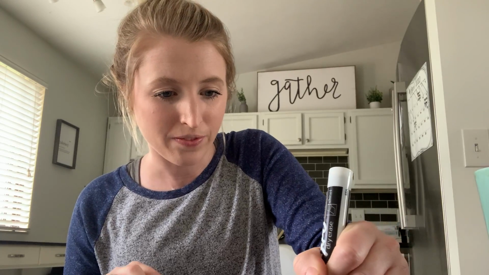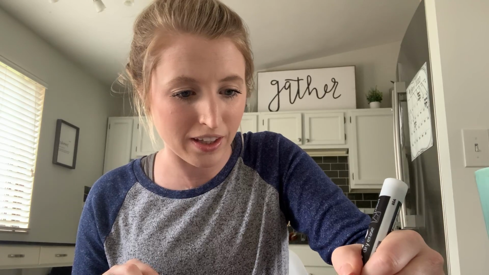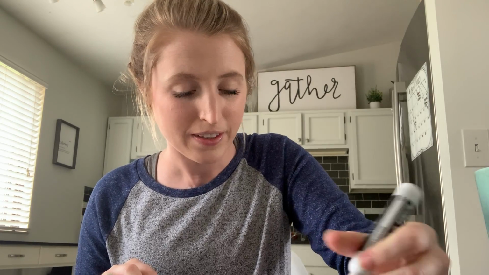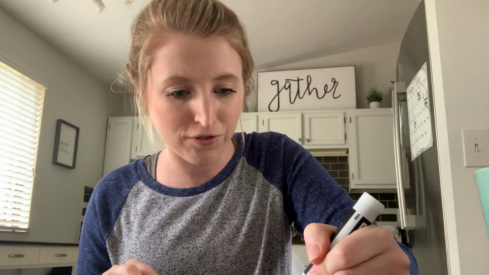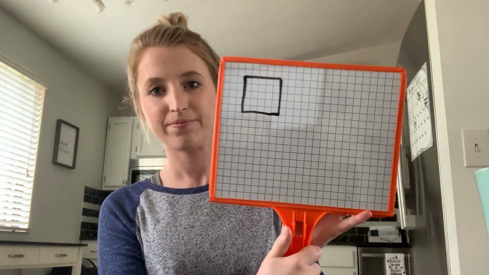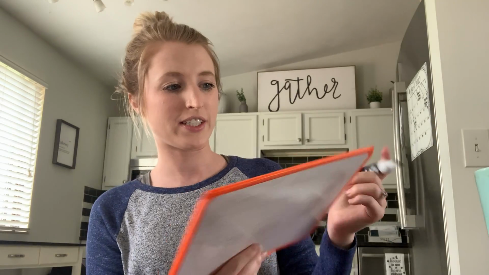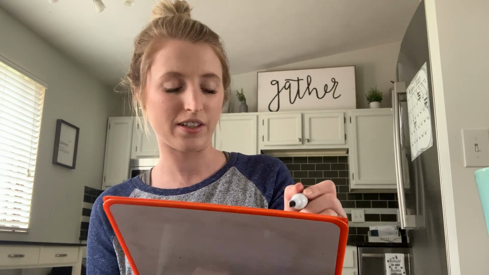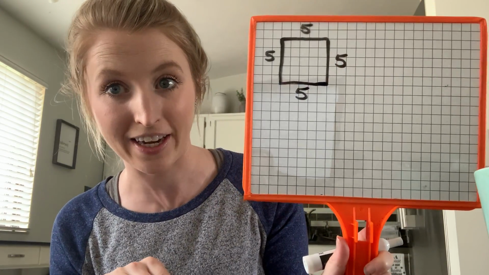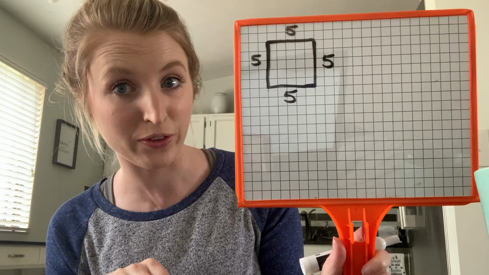So let's say I have a square that has a length and a width of 5. That means all 4 sides equal 5. So this side is 5, this side is 5, this side is 5, and this side is 5. All 4 sides are the same because it's a square, not a rectangle.